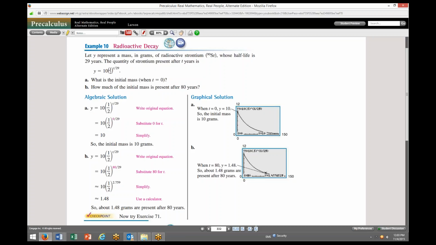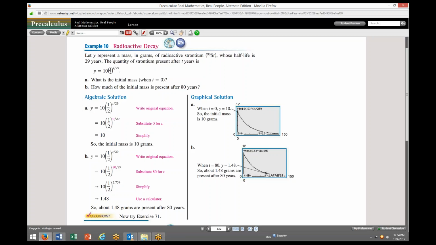So that'd be 1/2 to the 1 power, which is just 1/2. And 10 times a half is half of 10, that's 5. So since 29 is the half-life, after 29 years, plugging in 29 for t, you have 10 times 1/2 to the first. You end up with 5 pounds or grams or whatever it is left. I guess they're talking about grams.